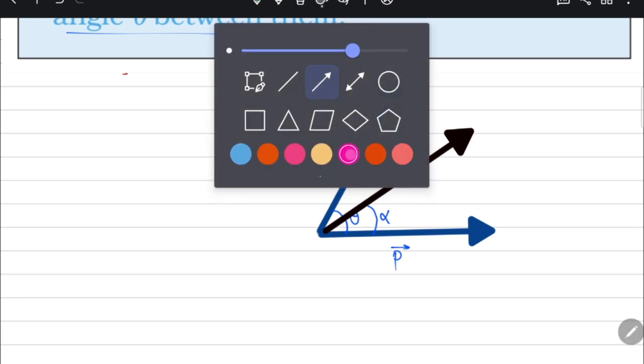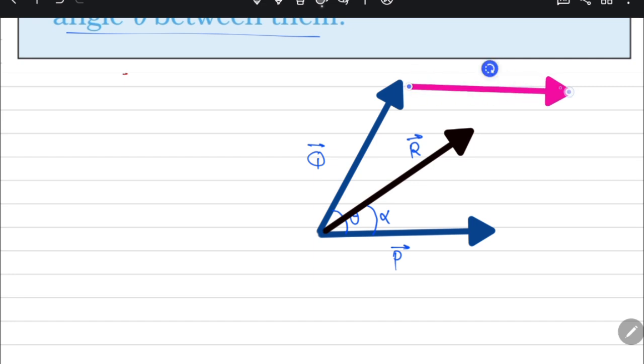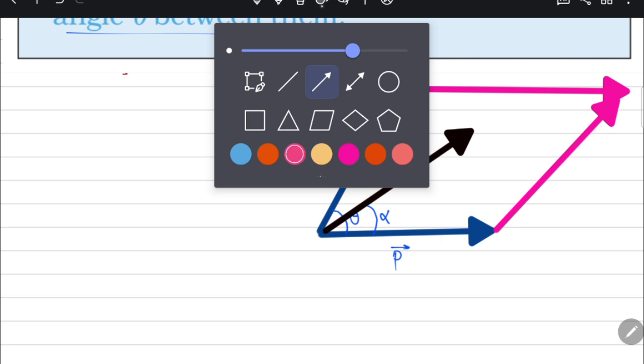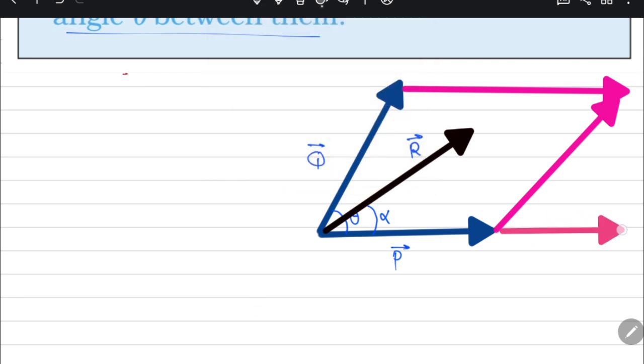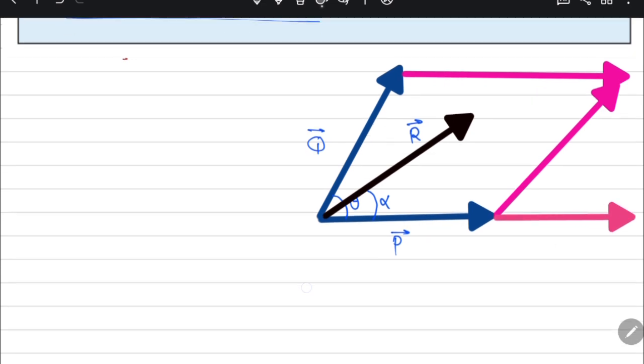So what I do, I shift the parallel vectors like this. This vector is also like this. And what about this vector? Like this.